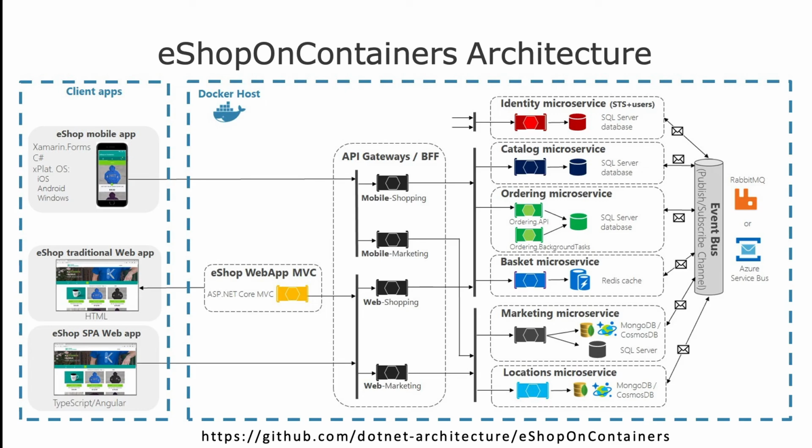Each microservice has its own database. It's responsible for storing its own data, and the database technology may differ between microservices, and also the technology used to develop the microservice can differ between microservices.